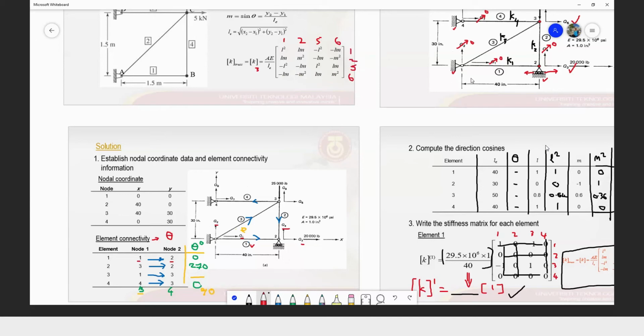Then we go straight away to the boundary condition. 1, 2 can be eliminated. And then 5, 6, we need this information in order to determine the displacement at these points.